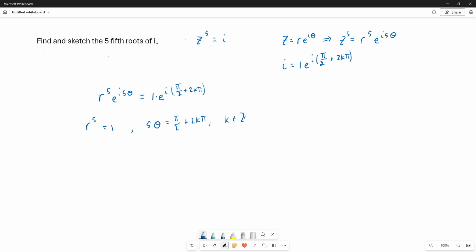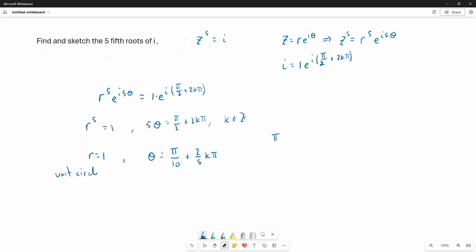We want the positive solution to this equation, and there is only one real solution, and that is r equals 1. So our solutions will lie on the unit circle, a radius of 1, and theta equals, divide by 5, pi over 10 plus 2 over 5 k pi.